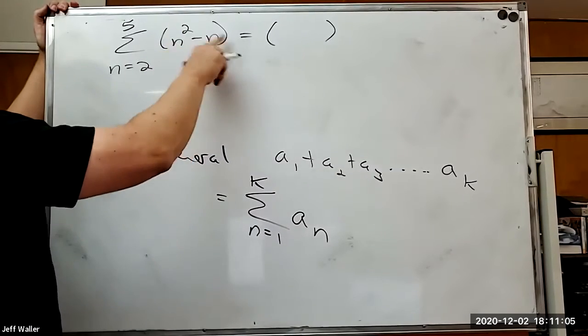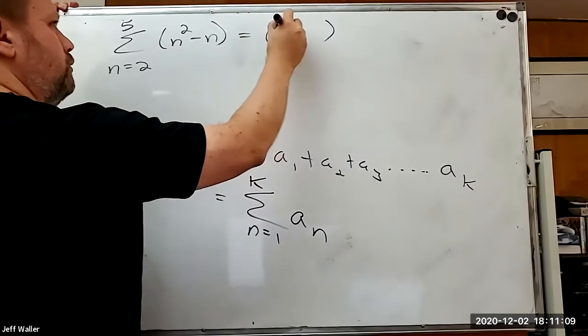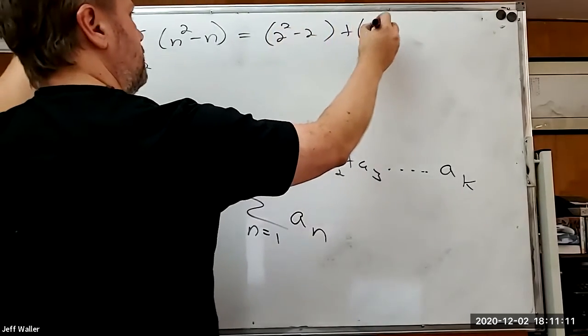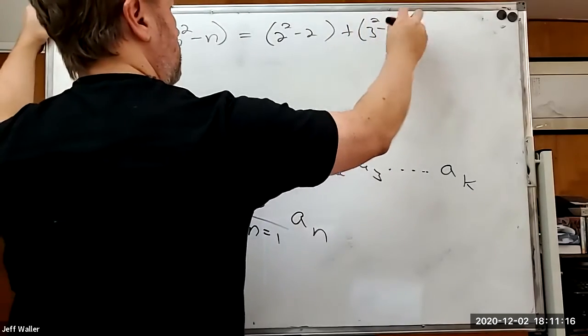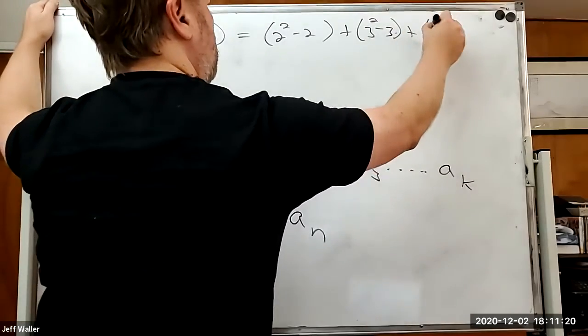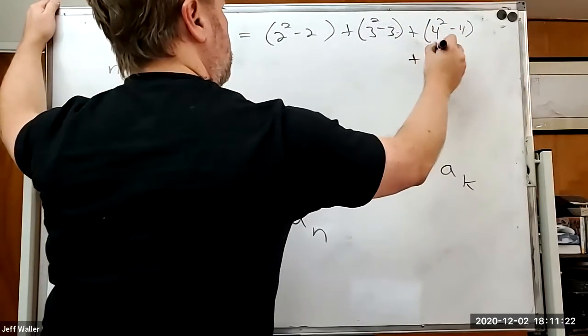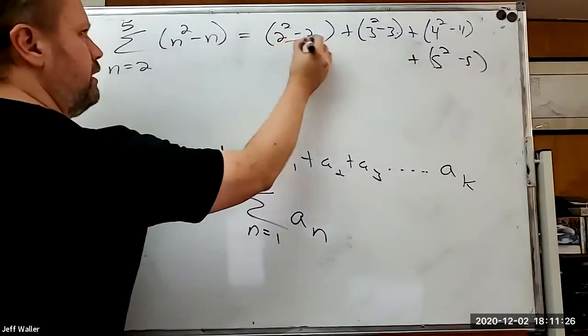You start with 2 and the answer here is 2, right? So this will be 2 squared minus 2 plus, and then you go from 2 to 5. 4 squared minus 4 plus 5 squared minus 5. So these are the sequence elements.